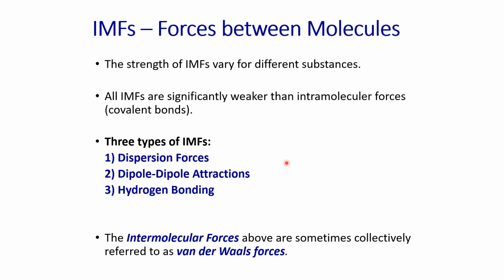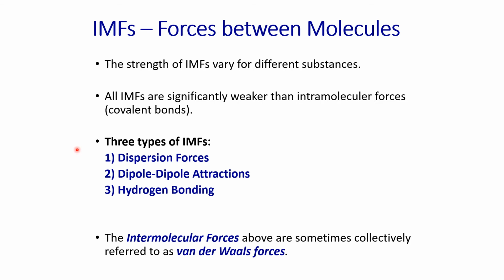All right, and I'm going to talk now about the strength of different IMFs and what types of bonds. Now, remember that these video lectures do not replace your textbook. You definitely need to read about these different types of forces so that you solidify this idea in your head, okay? Now we're going to talk about three main types.